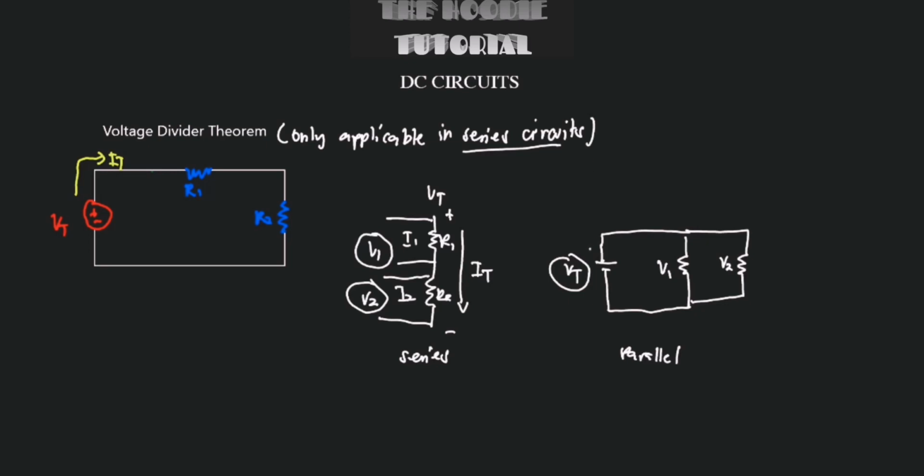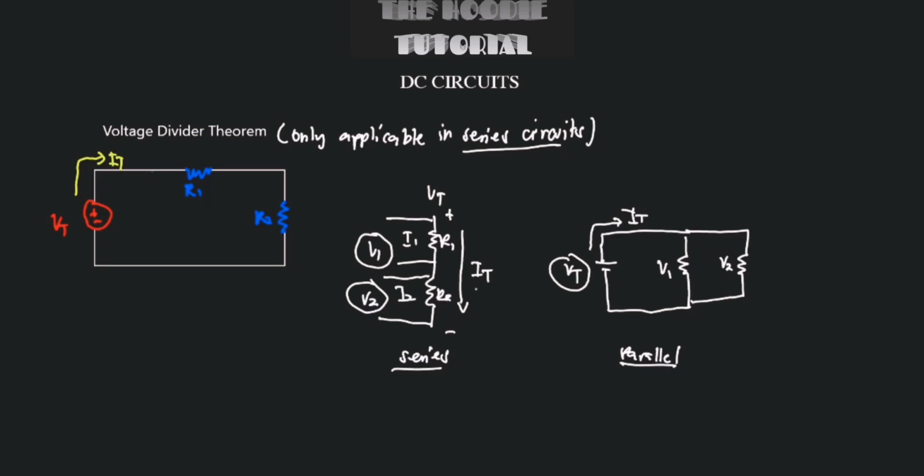The only thing that is different is that the current in parallel is not constant. Therefore, we can only use the current divider theorem in parallel circuits. But in this video, let's just focus on the voltage divider theorem, which is also going to focus on series circuits.